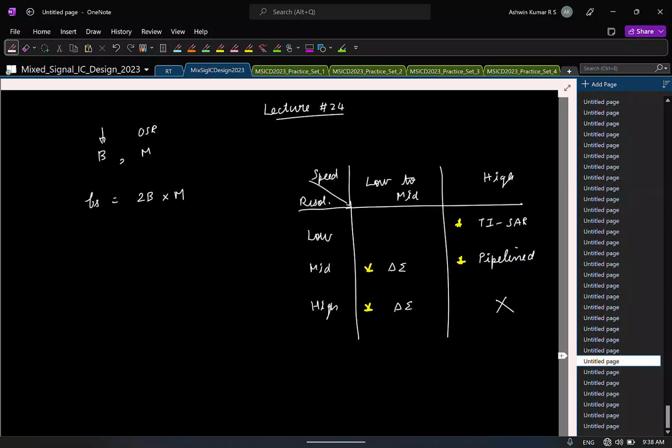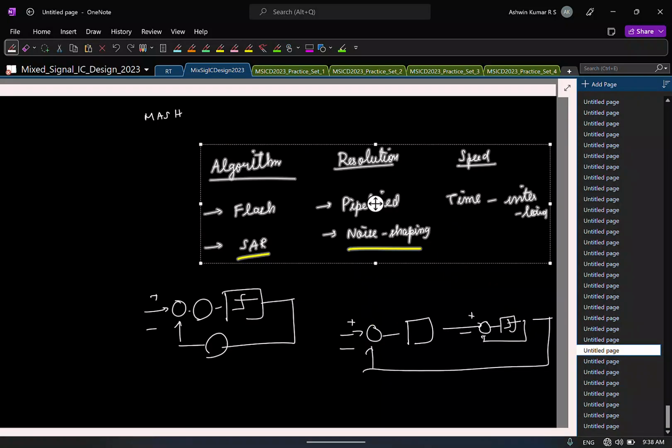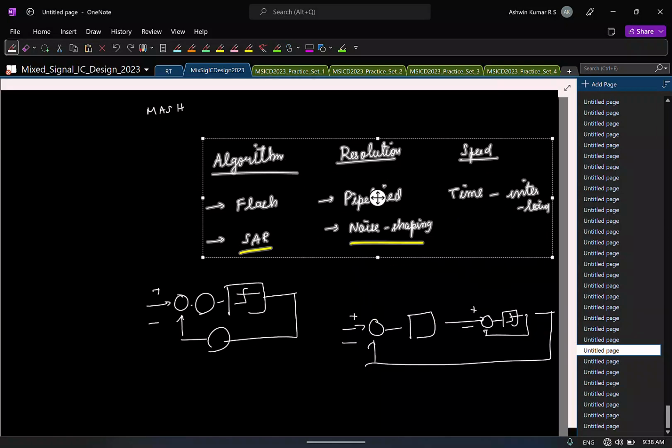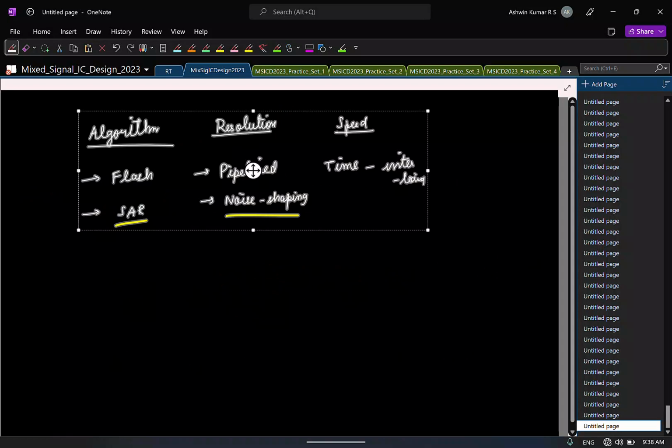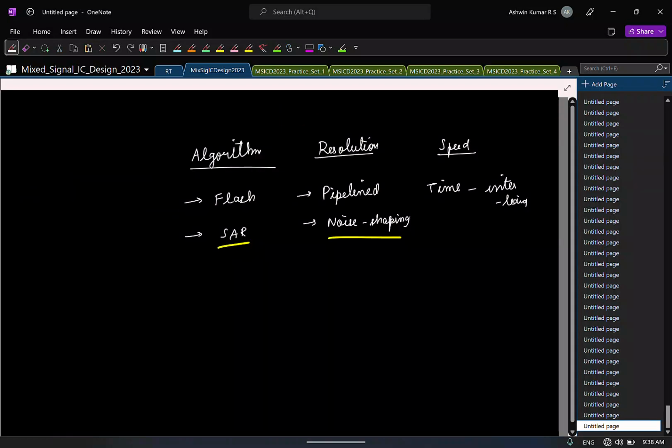So now what I want to highlight is this. In the last class we saw these three verticals, and any ADC is a combination of these. Basically, the algorithms we have are only flash and SAR.